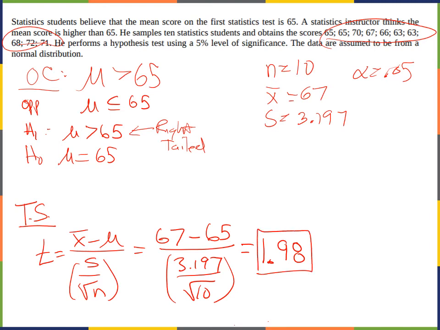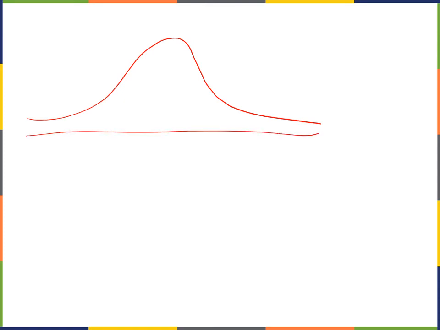So then we're going to go on to the critical value method. Okay? I'm not even going to bother with the p-value method since the critical value method is the best way to go here. So in the critical value method, we're going to say, all right, here is our t-distribution.